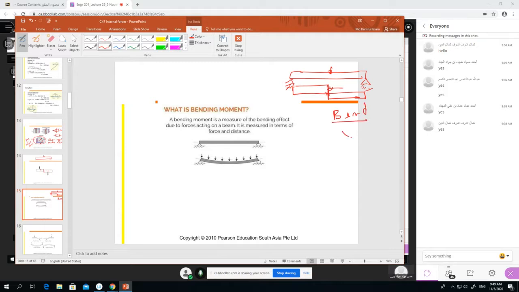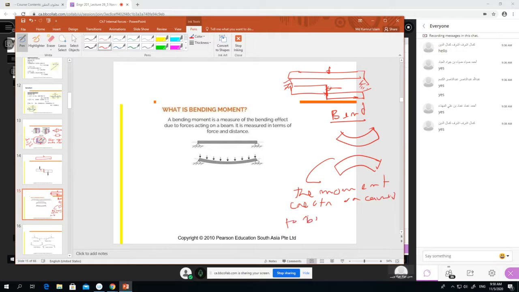Bend means something wants to bend like this or like this. The moment that causes bending, B-E-N-D, is called bending moment. Simply, the moment is called bending moment.